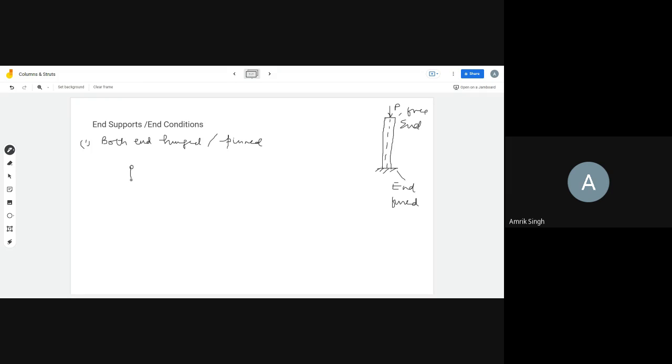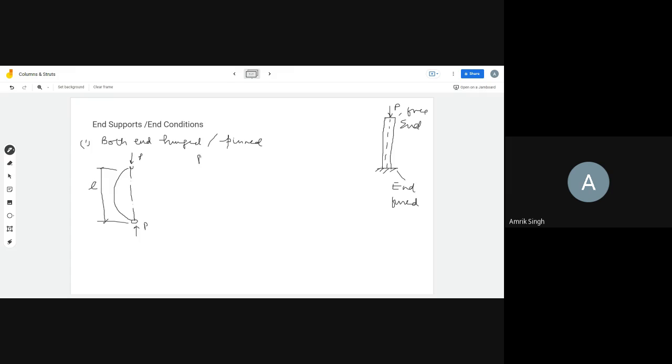Suppose this is a vertical direction of the initial position of the column. So when you apply the load, so this is P. So this distance is L, the length of the column.